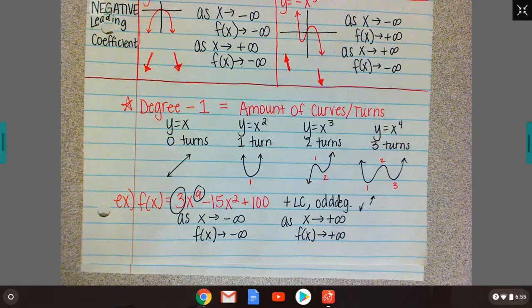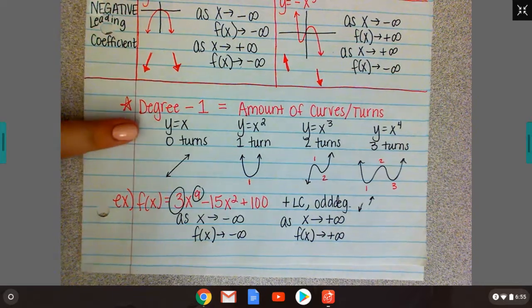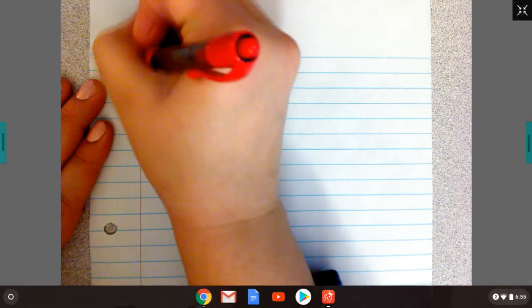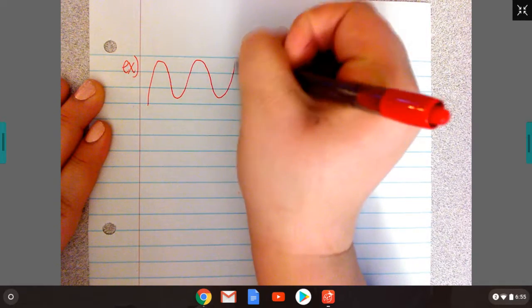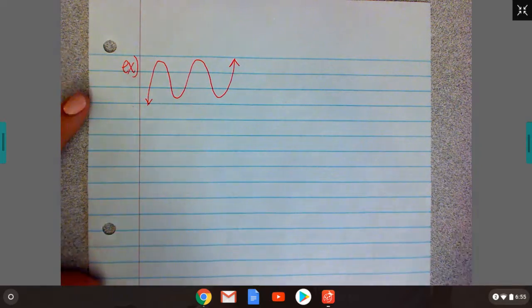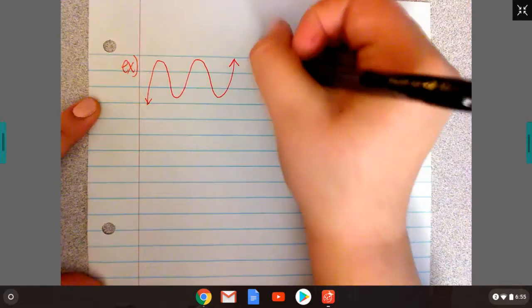All right. Let's utilize this knowledge that we have here. So if I gave you a graph that looked like this, and I wanted to know what is the degree. I'm not even going to give it a coordinate plane in the background.